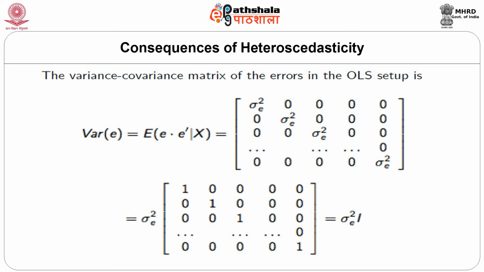Now, let us recall the variance covariance matrix of the errors assumed under ordinary least square setup. We had a diagonal matrix where the diagonal elements were all sigma e square.